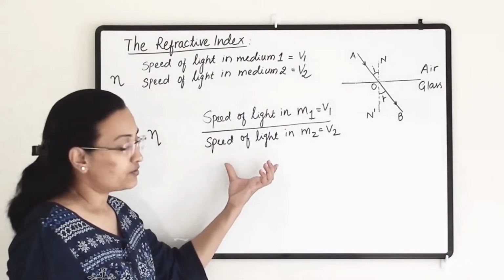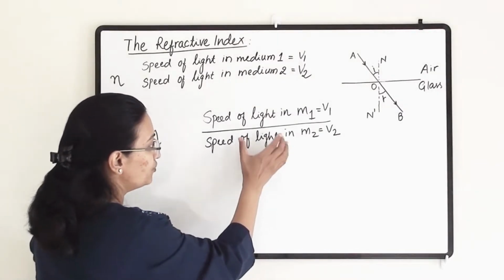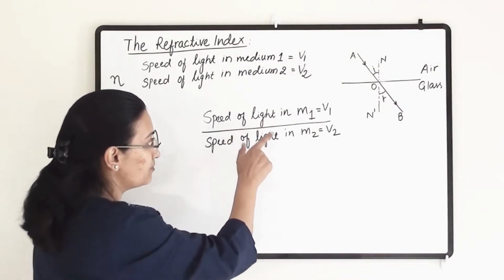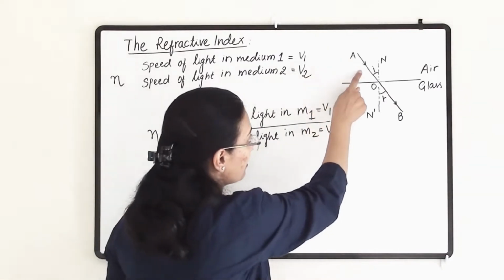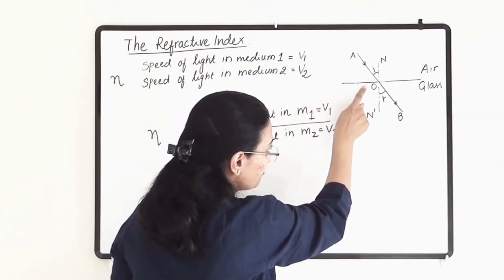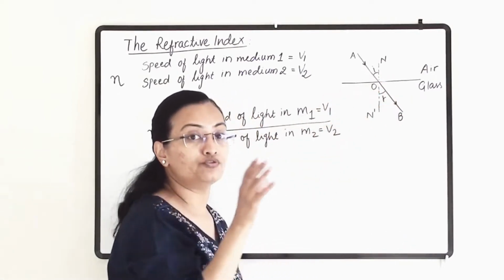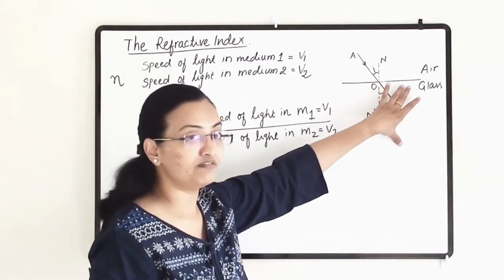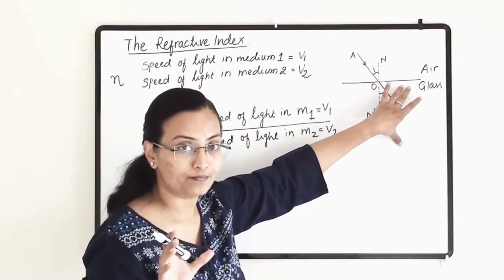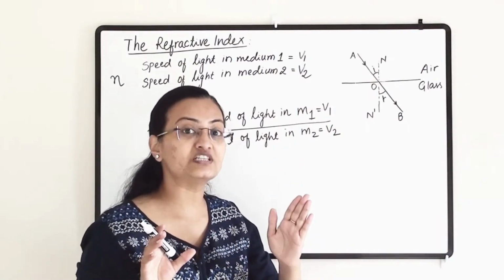So here we are checking the refractive index of medium 2 with respect to medium 1, because the ray is coming obliquely, falling on this surface, and then it is going to bend. So we are going to find the refractive index of the glass medium, that is, when the ray comes through the air, how much it is bending.